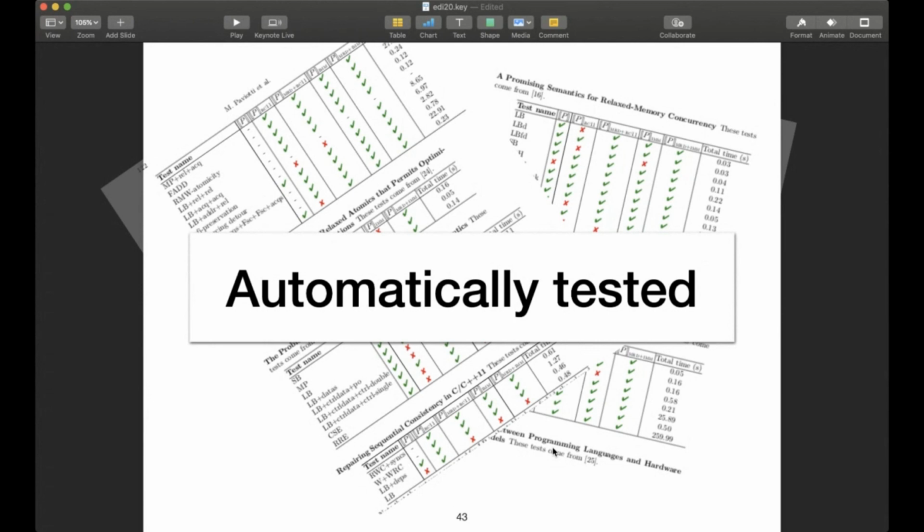So we have been able to efficiently execute our model. And that means that we've been able to just run it automatically over the whole corpus of tests in all of the papers in this field of research. We have these in the appendix of our paper, and you can inspect them. And essentially, we provide the right answers.